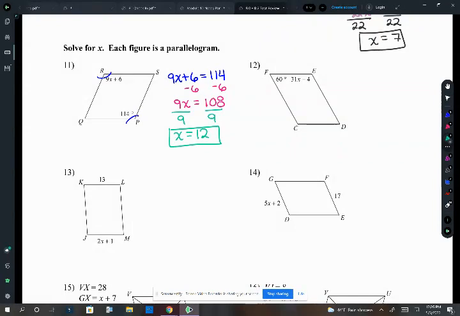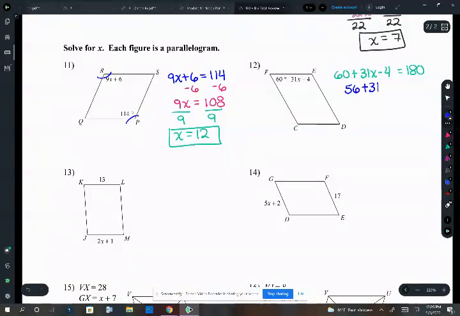When we have angles that are next to each other, like example 12, then we know that these two angles are supplementary, which means I can add them together and I would set them equal to 180. And that's always true when we have a parallelogram. So if I combine like terms, 60 minus 4 is 56.